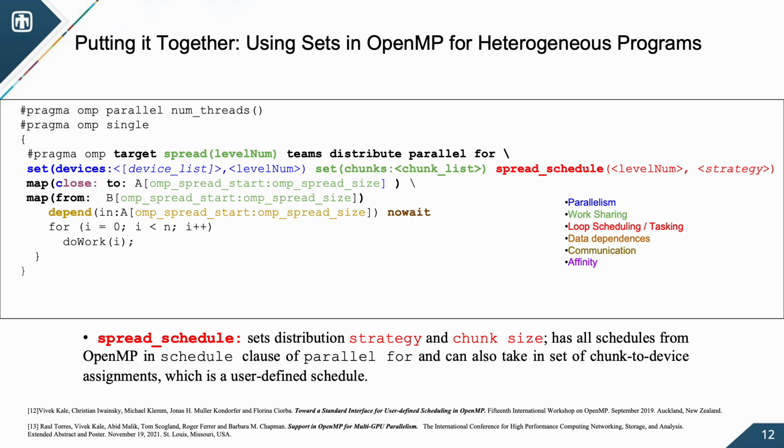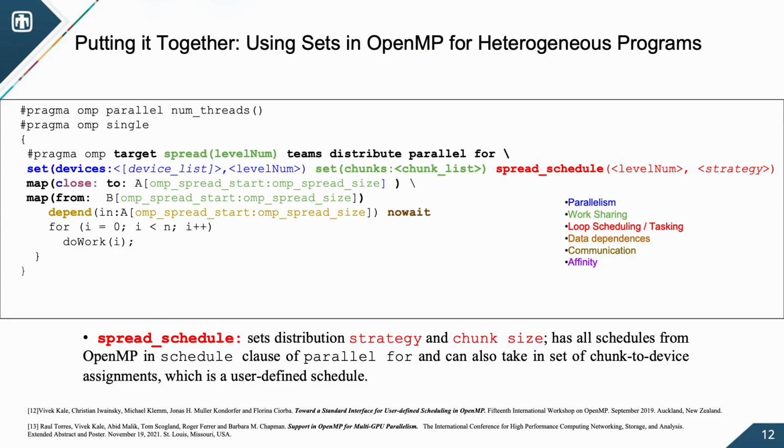I'd like to make another point that at a lower level of abstraction is user-defined schedules and multi-GPU parallelization. Now, sets can essentially be transformed down into these OpenMP constructs.